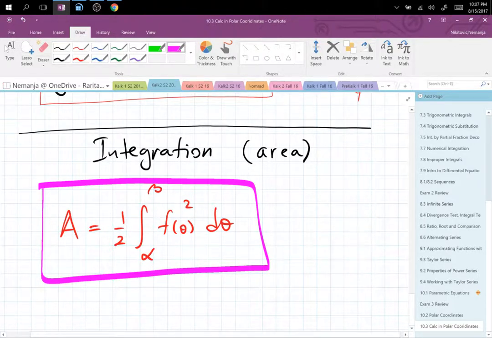So this d theta does not contribute towards dimensionality of the problem. All of your dimensions, which for area is 2 dimensions, are right there in that r squared. And if you're thinking about the circle, the area of the circle is pi r squared. You are getting your pi from the limits because this is going to be pi over 4 and stuff like that. So you're getting your pi from the limits and your r squared from the integral. Pi r squared, we know that's the area of the circle.